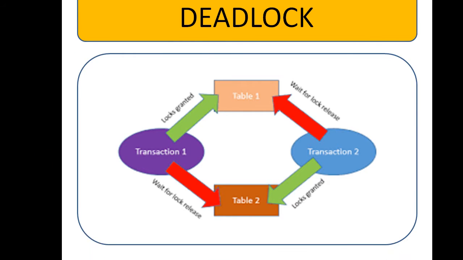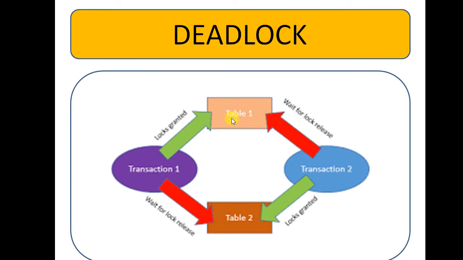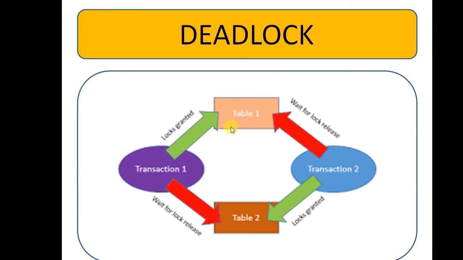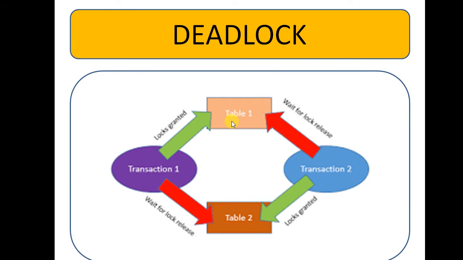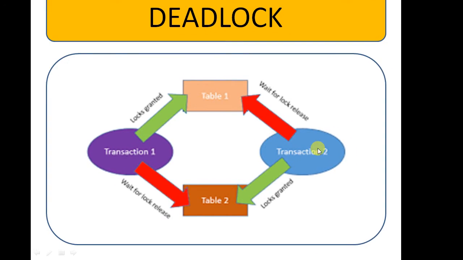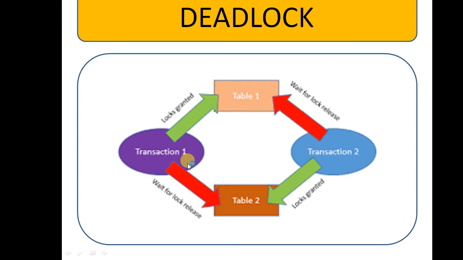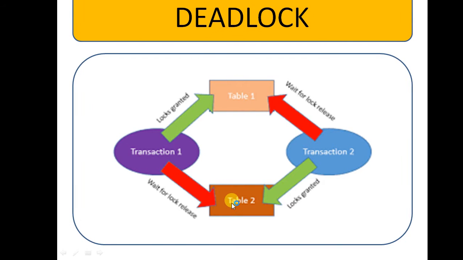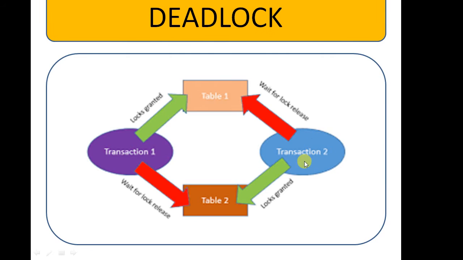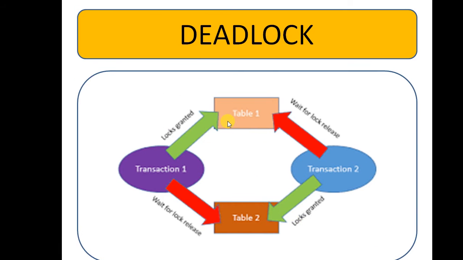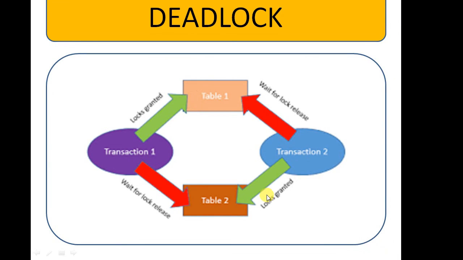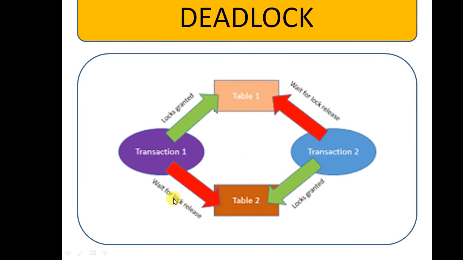One is the initial table, it will give the lock to table 1, and transaction 2 is waiting for the lock to release, and transaction 1 is waiting for lock release, the transaction 2 lock granted. So each transaction gets one lock granted and waits for the other lock to release.